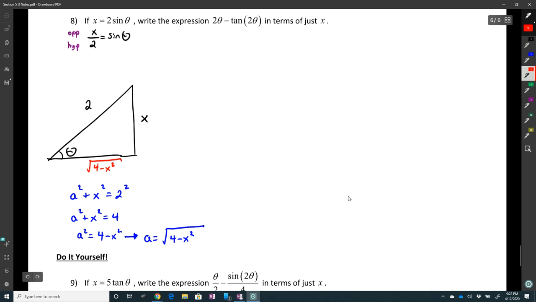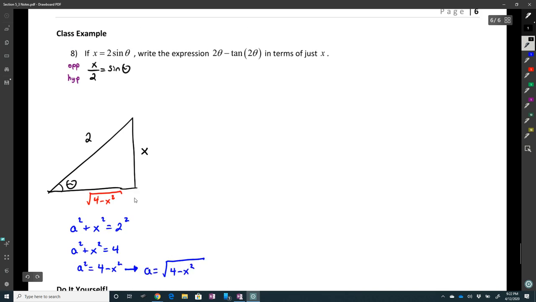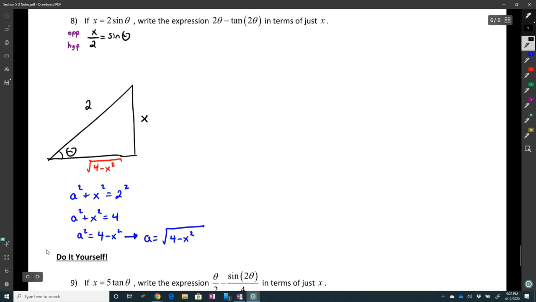All right, so I have my triangle. And then from this, we can pretty much get whatever we want. Now, this 2 theta minus tangent of 2 theta is just 2 tangent theta over 1 minus tangent squared theta.